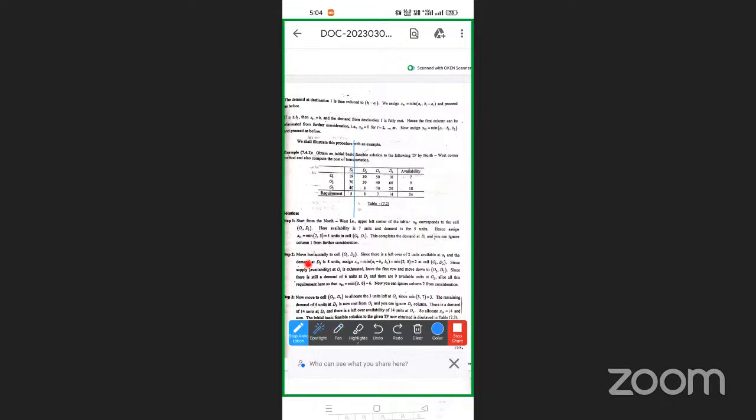So next step, move horizontally to O1, D2. Since there is a leftover of 2 units available for O1 and the demand at D2 is 8 units, assign X12.